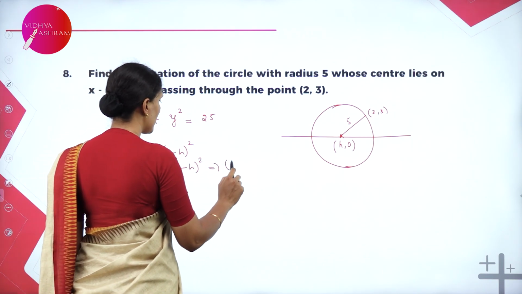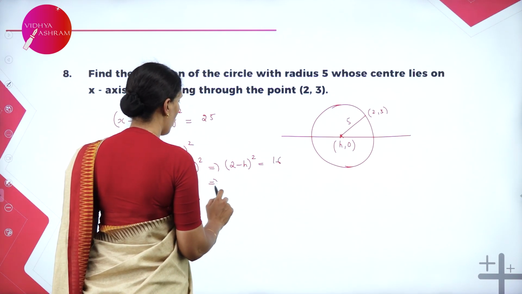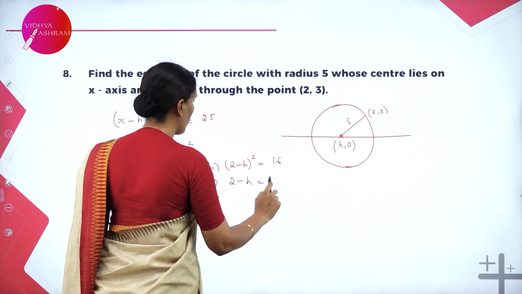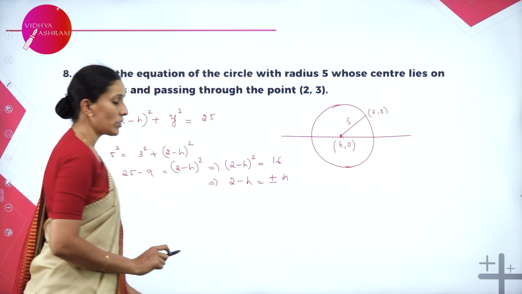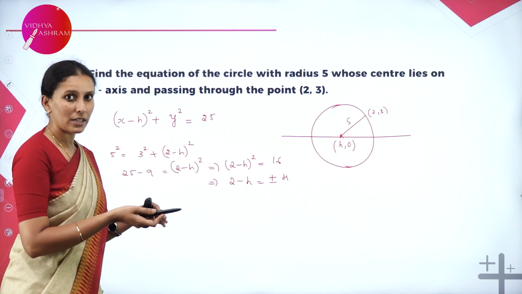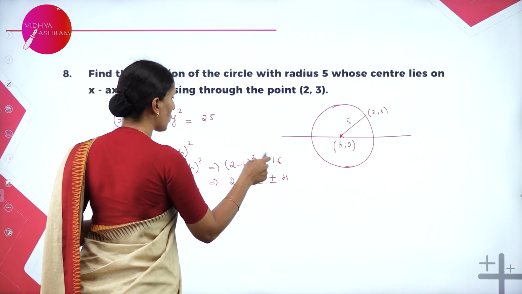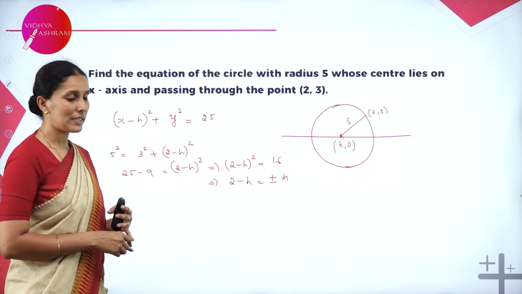So this implies (2 minus h) whole square is equal to 16, or 2 minus h is equal to plus or minus 4. Because we are talking about the center, which means the coordinate, it may lie on the positive side of the x-axis or on the negative side of the x-axis. So therefore the square root should be taken in both forms, plus and minus.